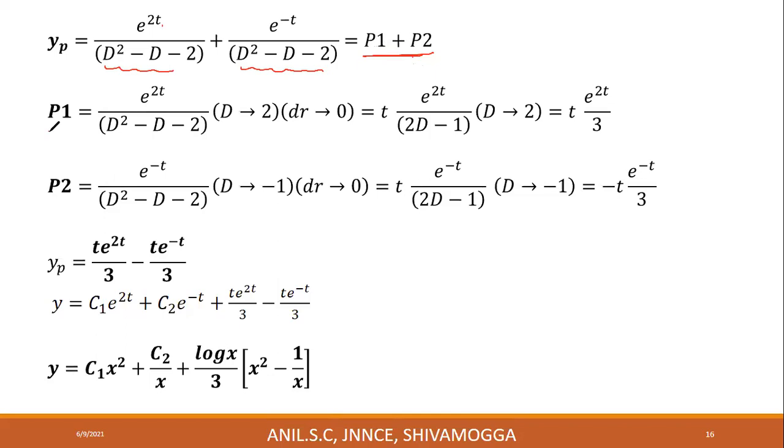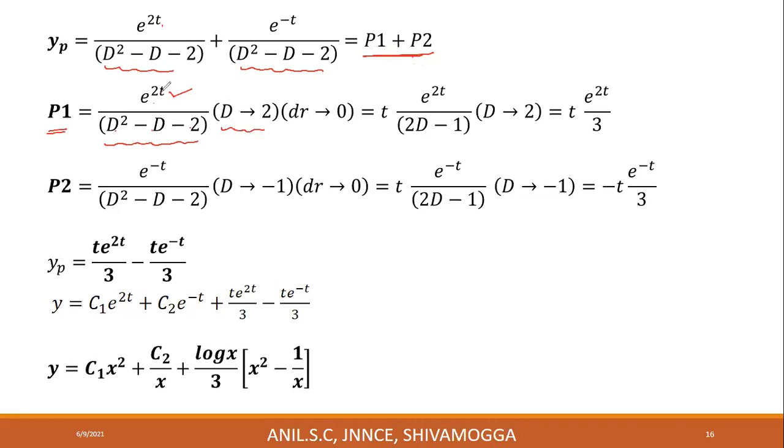Now we find P1 and P2 separately. P1 is e power 2t divided by d square minus d minus 2. What kind of integral is this? Which type? Exponential term is there in the numerator. Type 1, right.